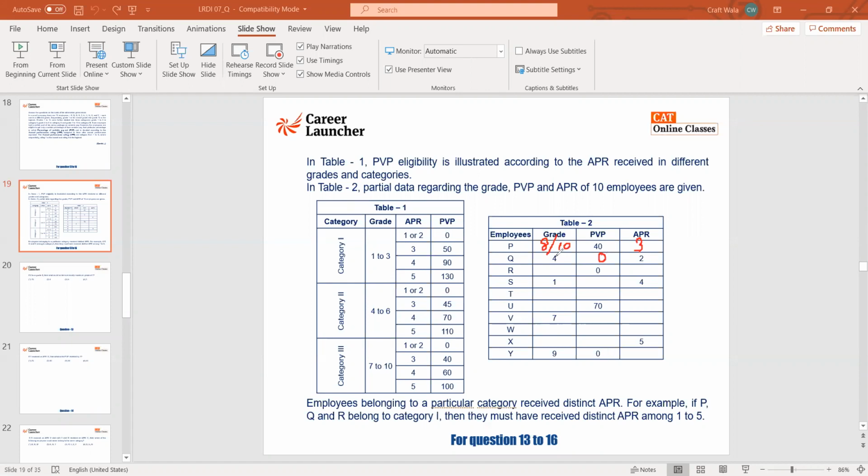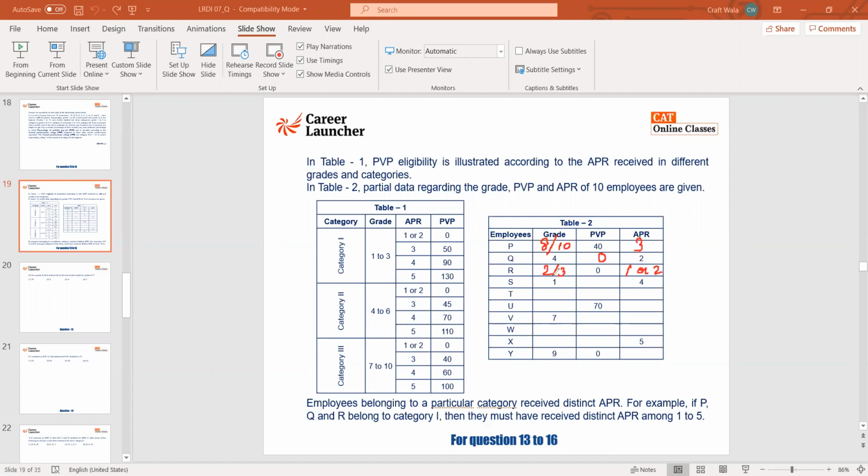This guy belongs to your second category. This guy belongs to third category. That means this guy must be belonging to first category only. So I can say R's grade has to be either 1, 2, or 3, out of which 1 is already written. That means R's grade has to be 2 or 3 only. And similarly, his APR will be either 1 or 2. Here I can only write either 1 or 2.